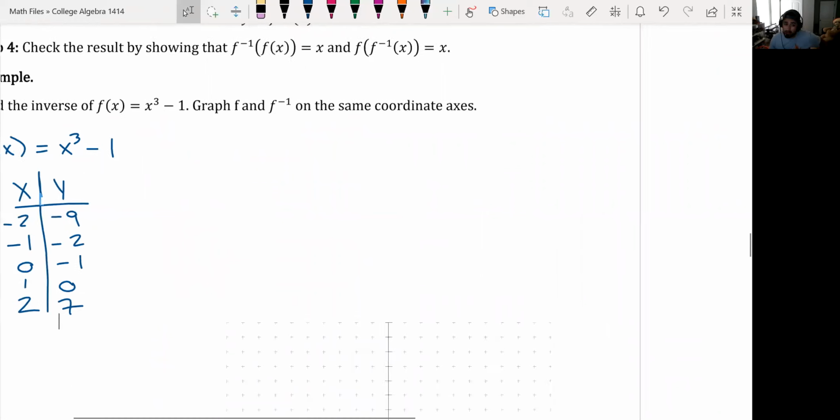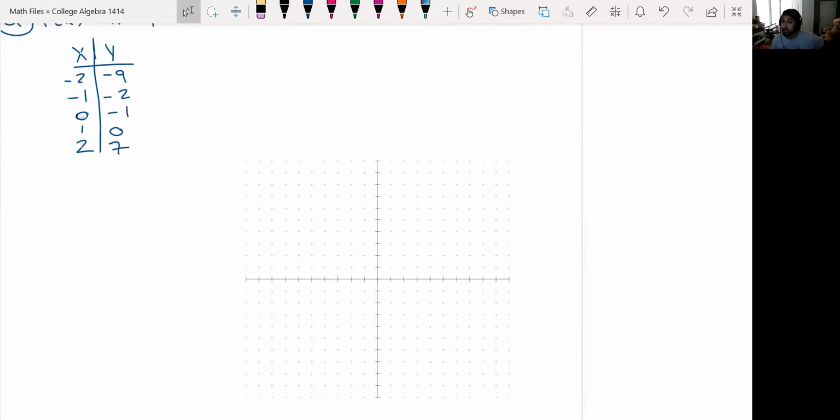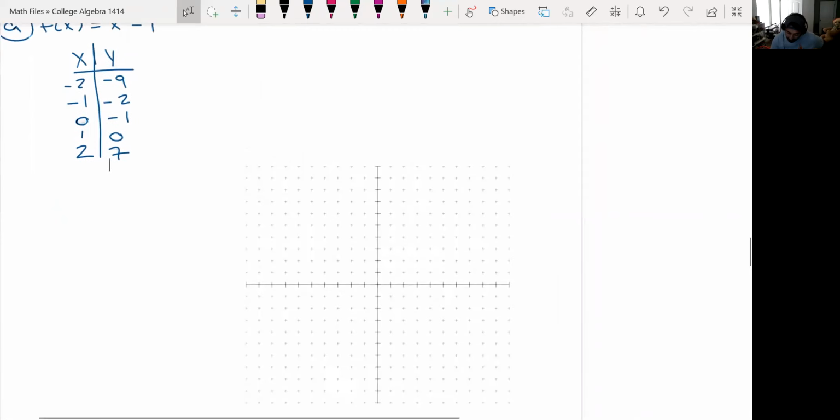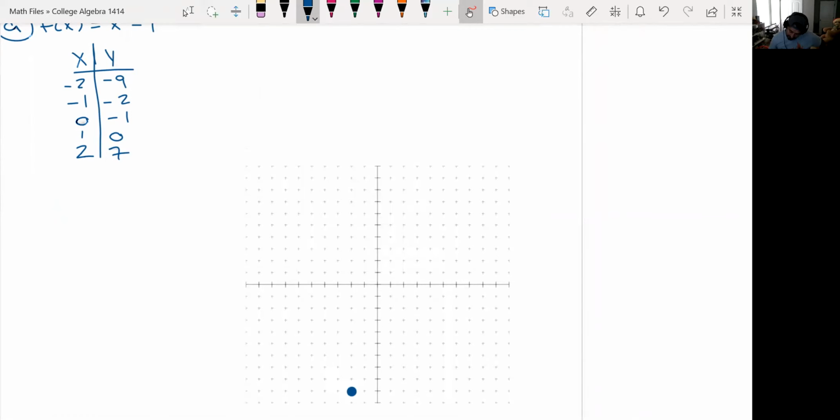Now let's go ahead and plot that on the graph. And for these, I'm not going to change any intervals. I'm going to leave these the same. So -2, -9, that's down there. -1, -2, 0, -1, 1, 0, and 2, 7. 1, 2, 3, 4, 5, 6, 7.